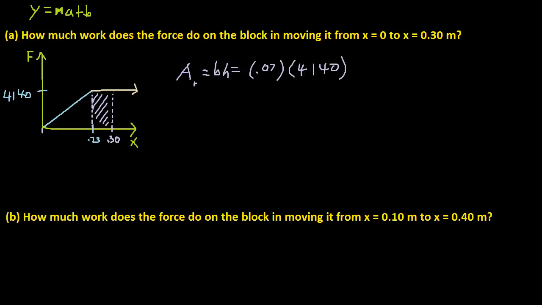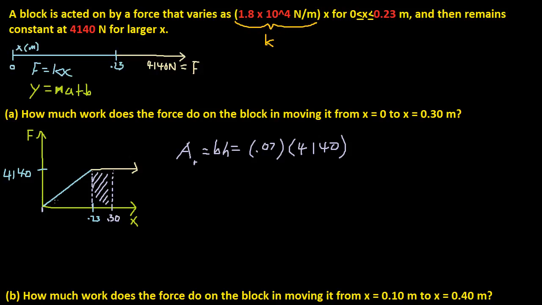Now let's calculate the area underneath the triangle. The area of the triangle is going to equal 1/2 base times height. So 1/2 times, what's the base here? It's 0.23, times the height, which is 4140 newtons.